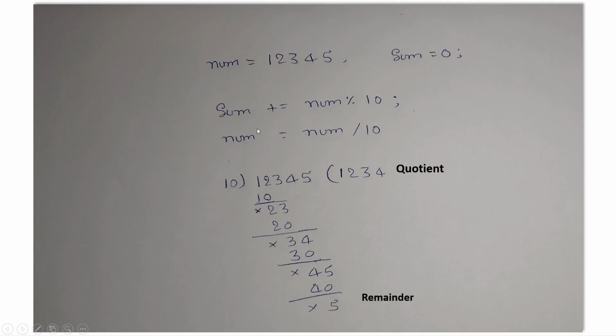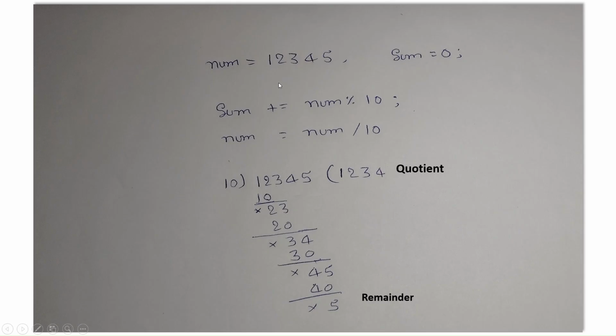Then in the same iteration, num equals num divided by 10, so you get the quotient 1, 2, 3, 4. The 5 is removed. Next time, the same thing happens: the 4 is removed, 1, 2, 3 is left, and the new remainder is added to the sum.